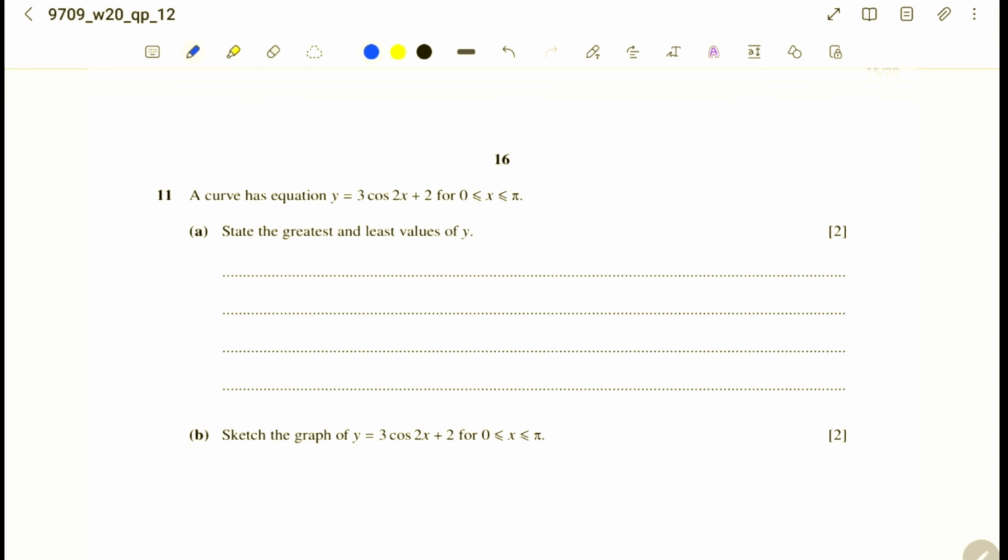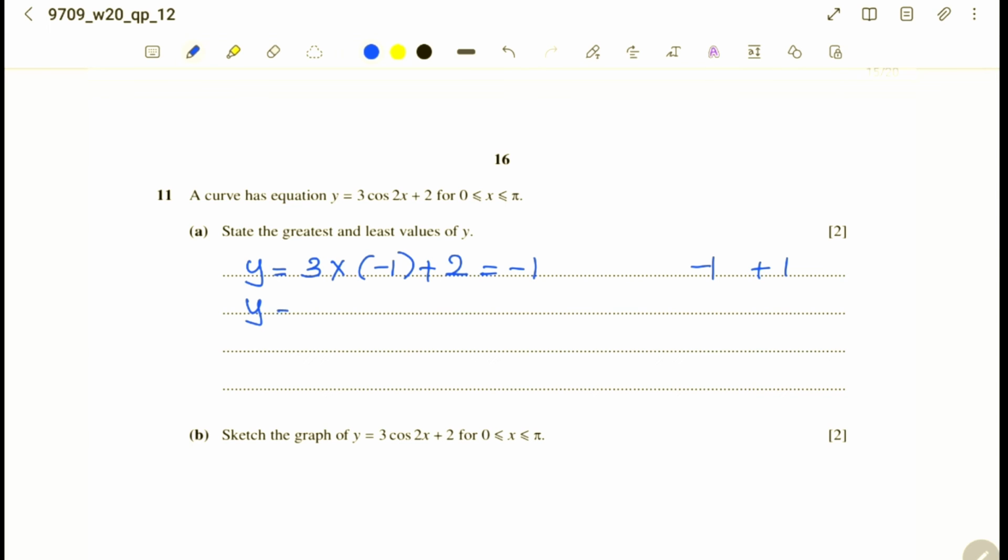This is an equation with a trigonometric function cos. The cos function takes the minimum value negative 1 and maximum value positive 1. Let us substitute negative 1 and positive 1 for cos to get the greatest and least value of y. So y is equal to 3 multiplied by negative 1 plus 2, which is negative 1.